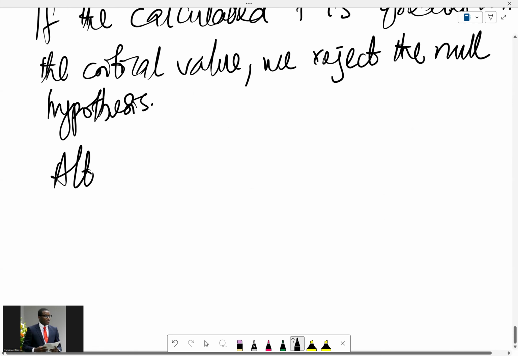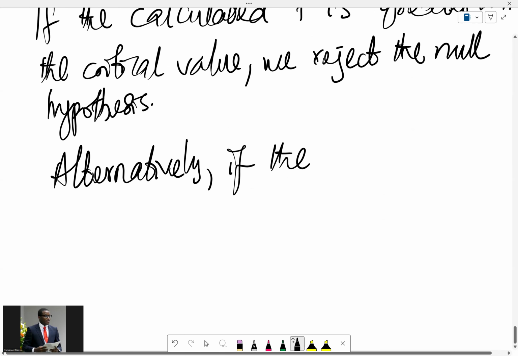Alternatively, if you don't want to use the calculated value, you can use the p-value.